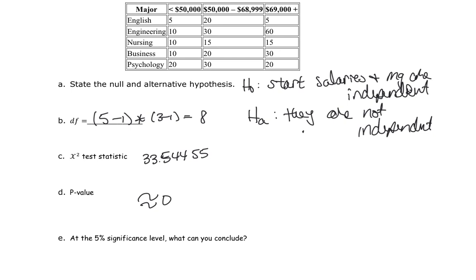Because my p-value is approximately 0. So that tells us the majors and starting salaries are not independent events, and that kind of makes sense, right? Nursing students, when they graduate, typically will make more than an English major. Engineering students will make more than a nursing, so that is not uncommon.